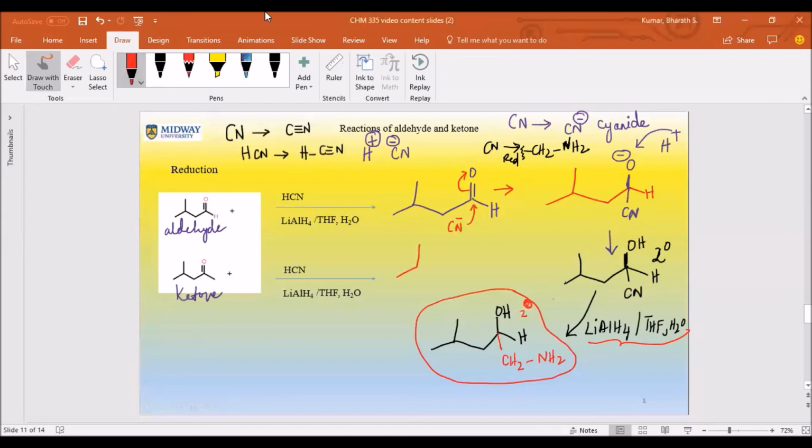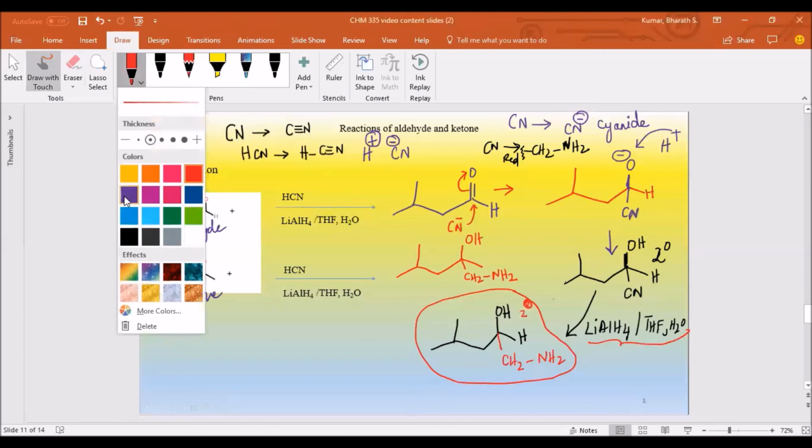I highly recommend that you pause the video now and figure out the product, and continue playing to see if what you have and what I have written are exactly the same. If not, you have to try again. This is what you should have gotten if you had done your mechanisms right.